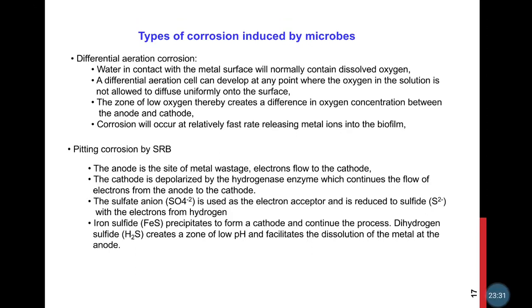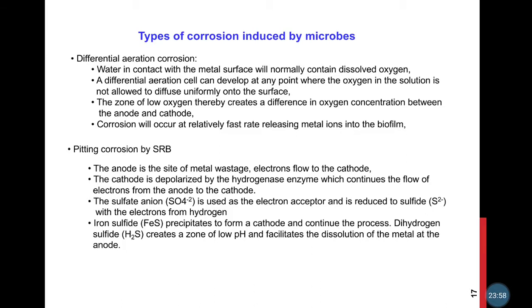Okay, sebenarnya microbial induced corrosion ni, MIC ni, dia akan menyebabkan beberapa jenis corrosion depend on the types of microorganism yang occurs dalam environment ataupun dalam site berkenaan. For example, we have differential erosion corrosions.